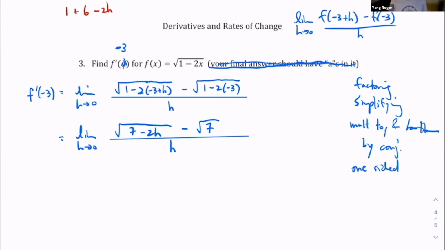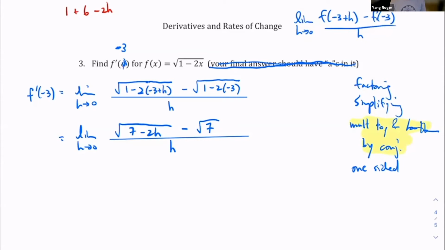Which one of these do you think you want to try? 1, 2, 3, or 4? What about the rest of you? Does anyone have any feeling which one you want to try? No feeling. I would try multiplying top and bottom by the conjugate.